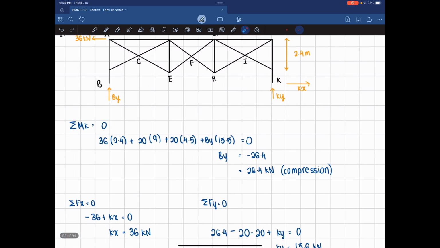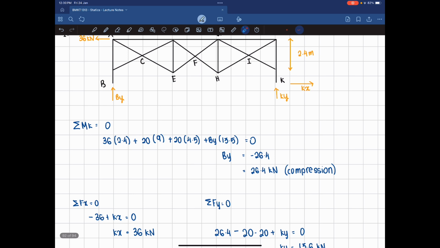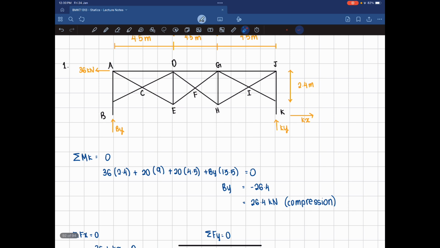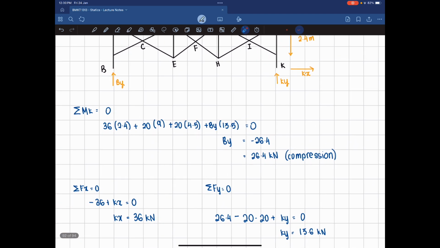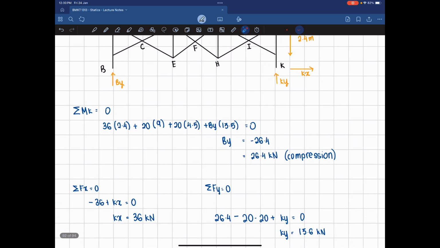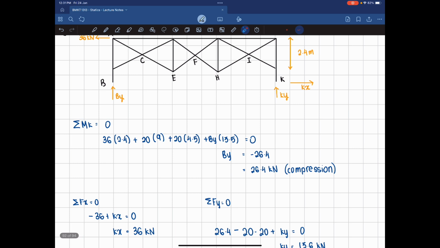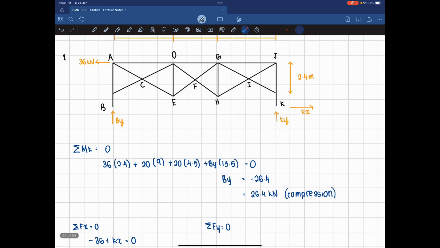Next, for this question, we will be using the method of joints. It is stated that in the method of joints, if the entire truss is in equilibrium, then each of its joints is also in equilibrium. To use this method, we will always start at a joint having at least one known force and at most 2 unknown forces.